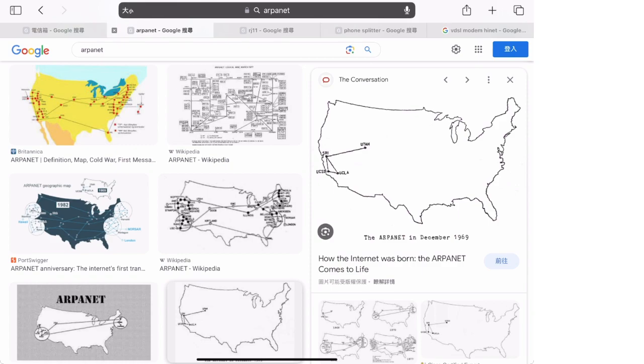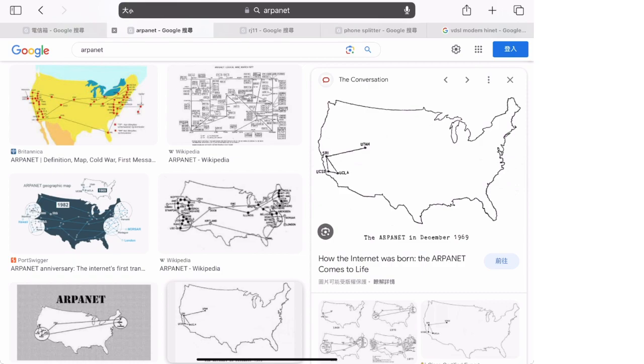But Utah is a little bit far away, so they only built 1 cable between Utah and SRI, Stanford. I think that is the limitation of funding, so Utah only has 1 cable. In that way, they can exchange messages, files, or some valuable information.